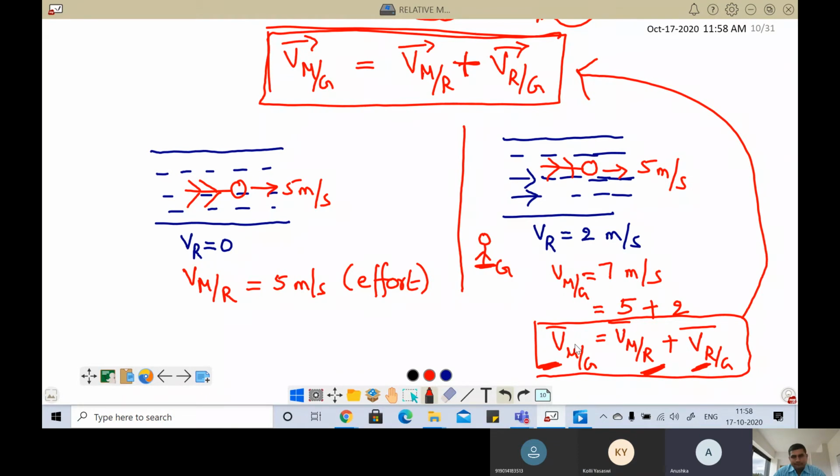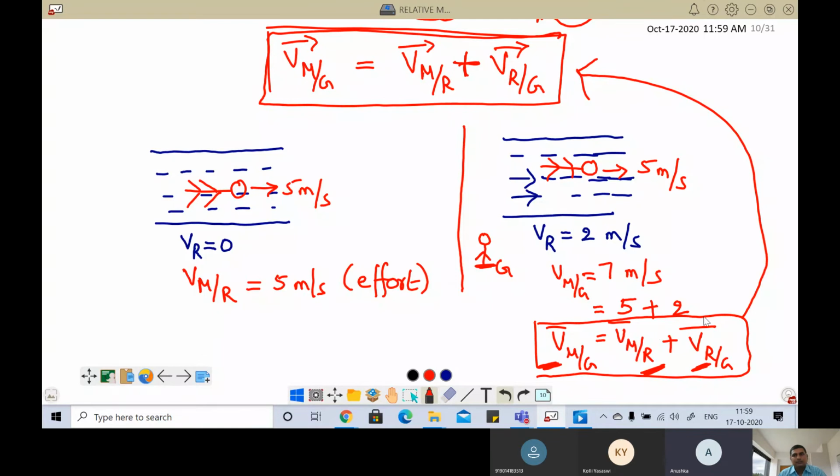Okay, Anushka, now you tell me. Which will be given? Velocity of man with respect to river and velocity of river with respect to ground will be given.